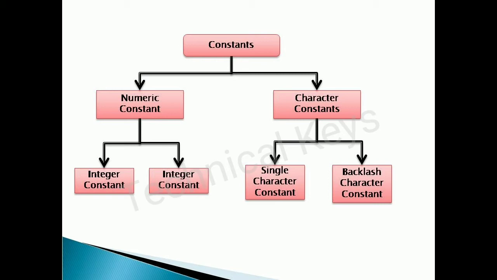For characters, you can create a single character constant and a backslash character constant. What this backslash character constant is, I will explain within a few slides, so just wait.